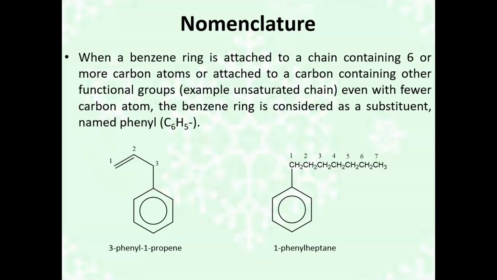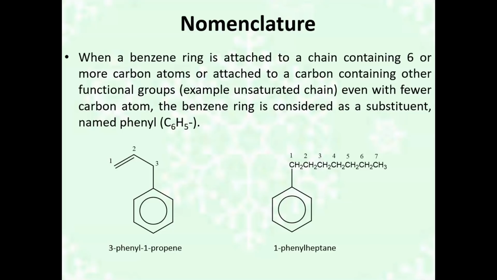So this chain will be the parent part, while the benzene will be the substituent. That's the meaning of what is stated here: a carbon chain containing other functional groups, for example, an unsaturated chain, even with fewer carbon atoms. So the propene is the parent name, the phenyl is the substituent, and we need to put the position of the substituent for the phenyl.